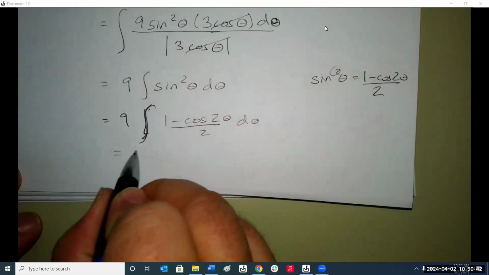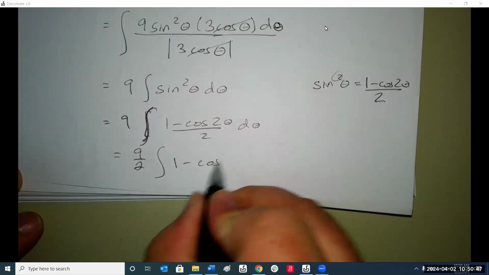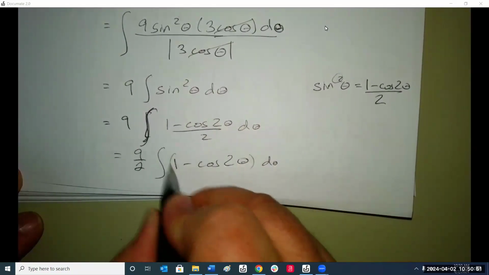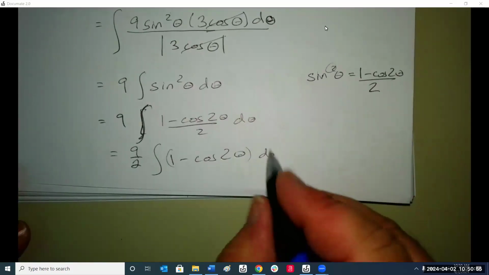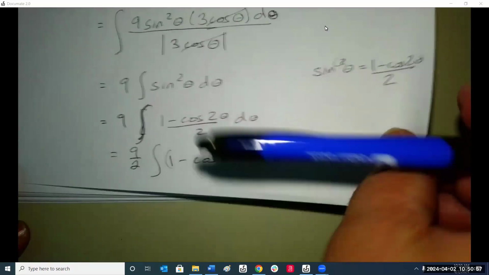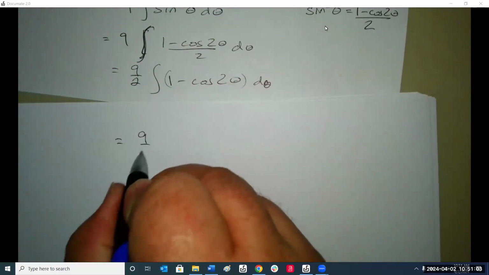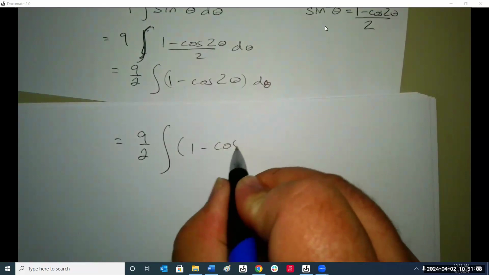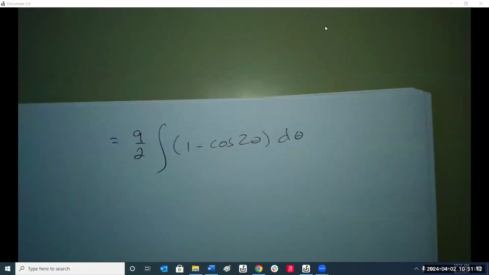The 2 comes out in front, it's a constant. So we have 1 minus cosine 2 theta d theta.